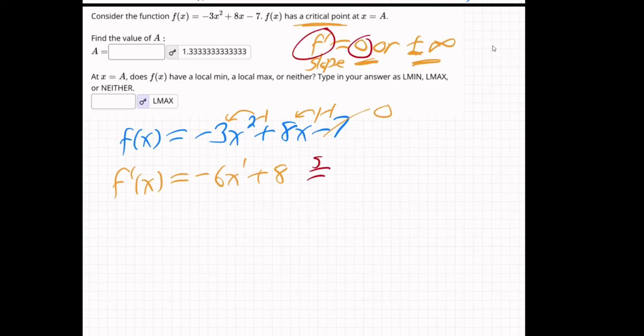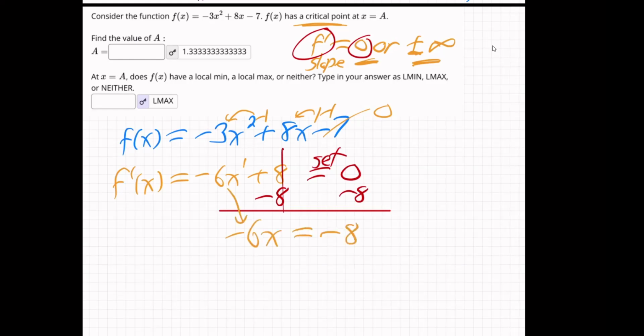So then you set it equal to 0 and solve. Subtract 8 from both sides, which cancels that. Minus 6x equals minus 8, and divide by minus 6.